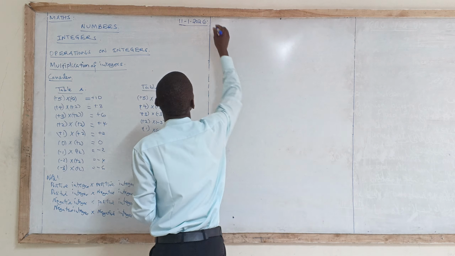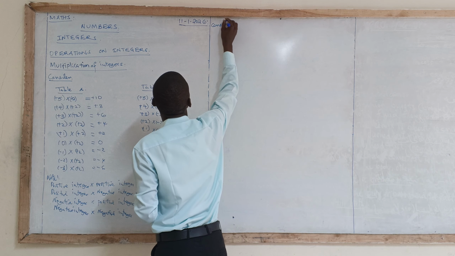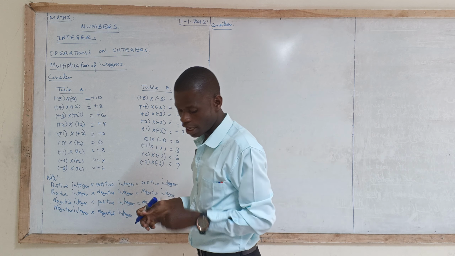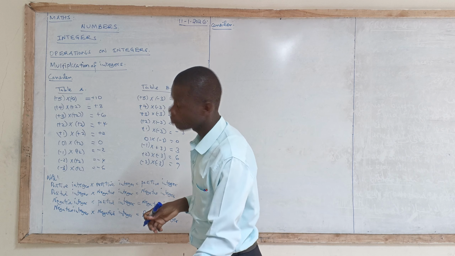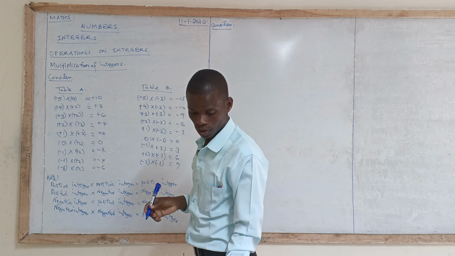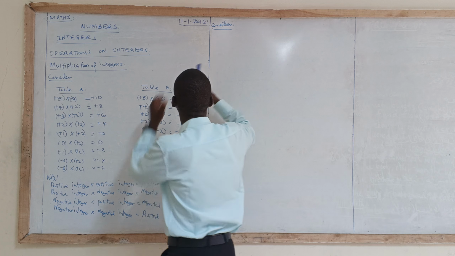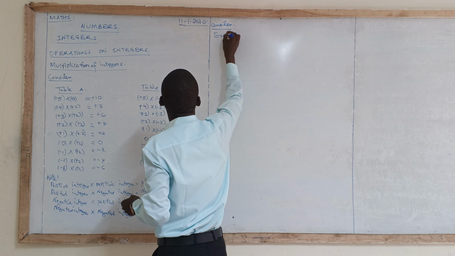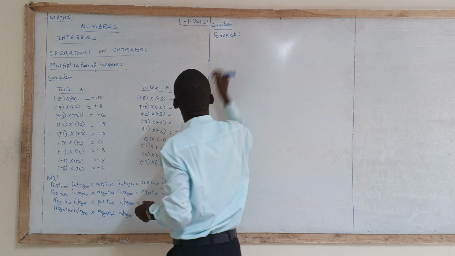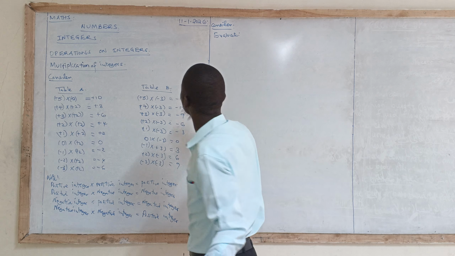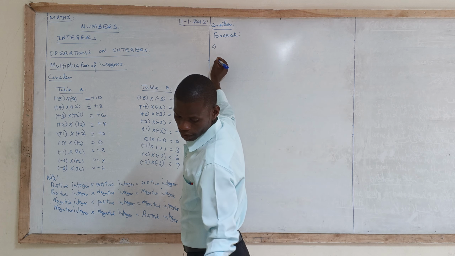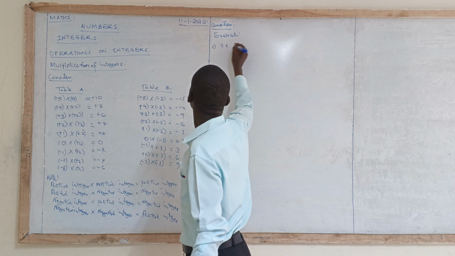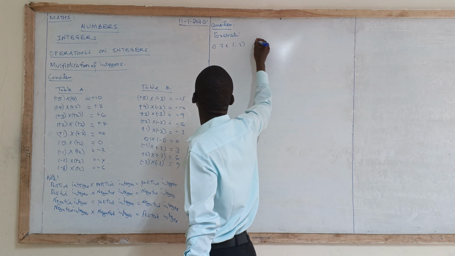So let us consider, without wasting time now, we are going to work very fast. Evaluate. What are we evaluating? A, we have 2 times negative 3.